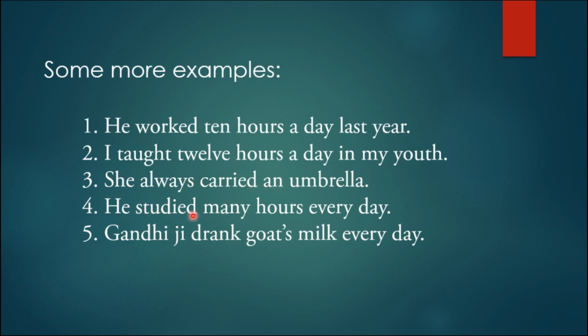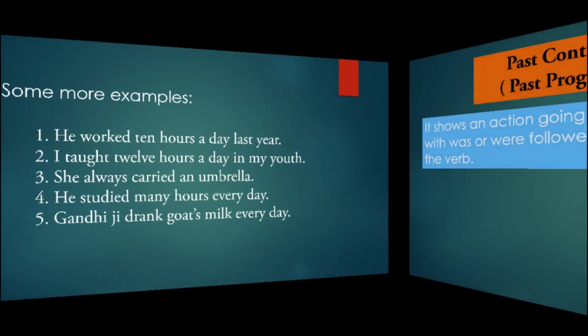He studied many hours every day. Not now. While he was studying, he studied many hours a day. But now he is doing a job, so he has less time. Of course, he might study an hour or 2 hours a day. Gandhiji drank goat's milk every day. Good. These are the examples to express past habits.